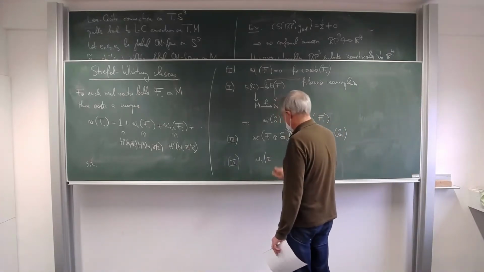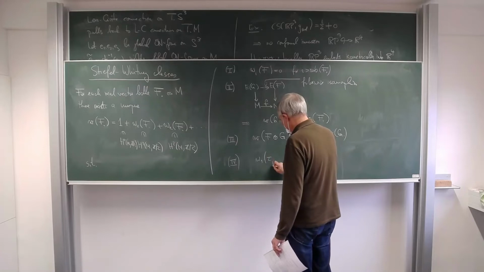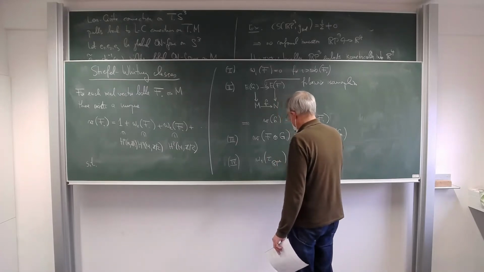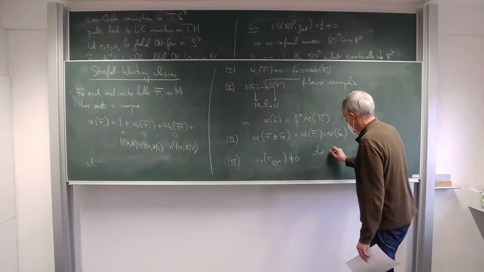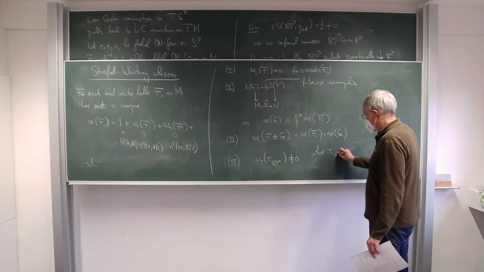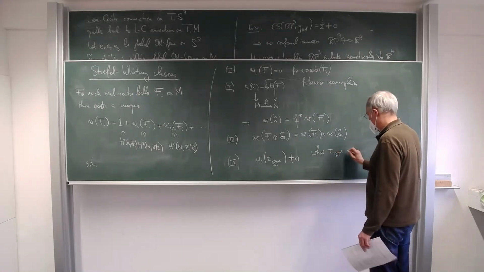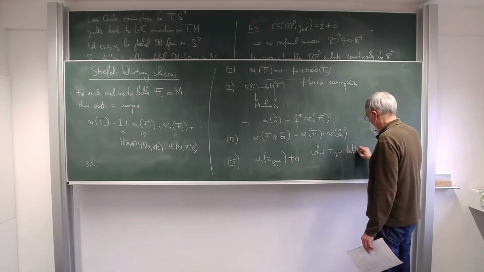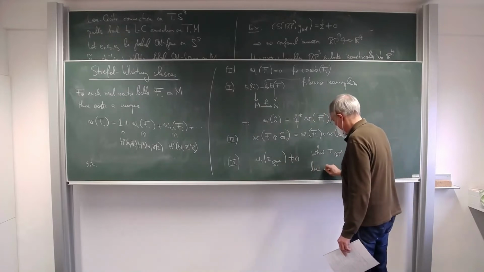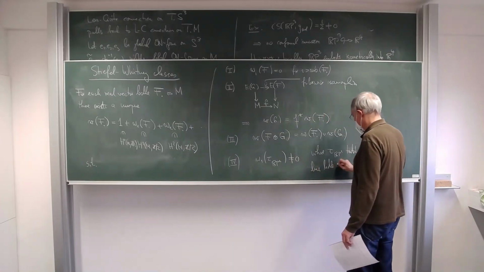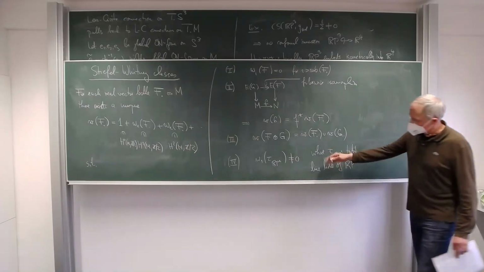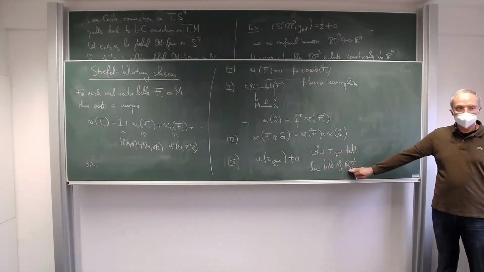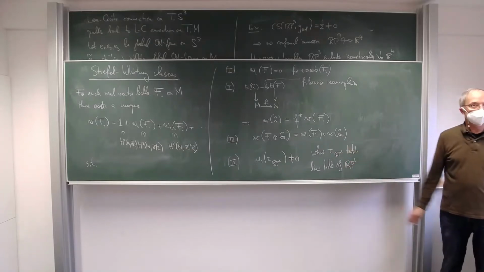I take the tautological line bundle of RP1, and that should be non-zero. So this is the tautological real line bundle of RP1. The corresponding statement for Chern classes involved complex projective space; now we use real projective space.